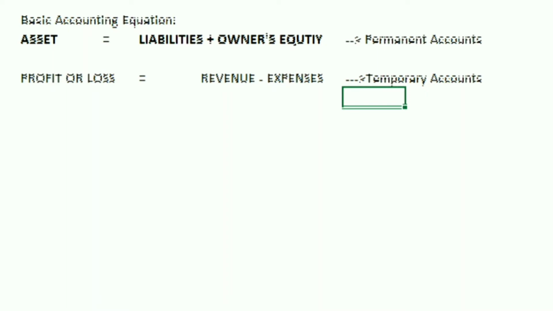So the capital account is increased by any revenue or profit or income and decreased by any expense or loss accounts. Accordingly, the accounting equation can be expressed in its expanded form as follows. Assets equals liabilities plus, so ito na.